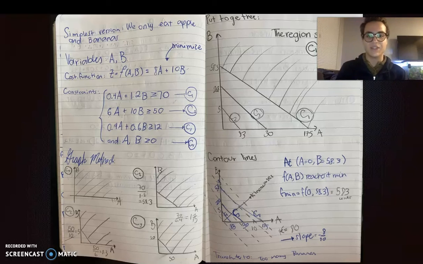K, which is our constant, would end up being 80, and our slope for this final graph would be -8/10, which satisfies the condition that we're implying. And it translates that our diet is based on too many bananas.